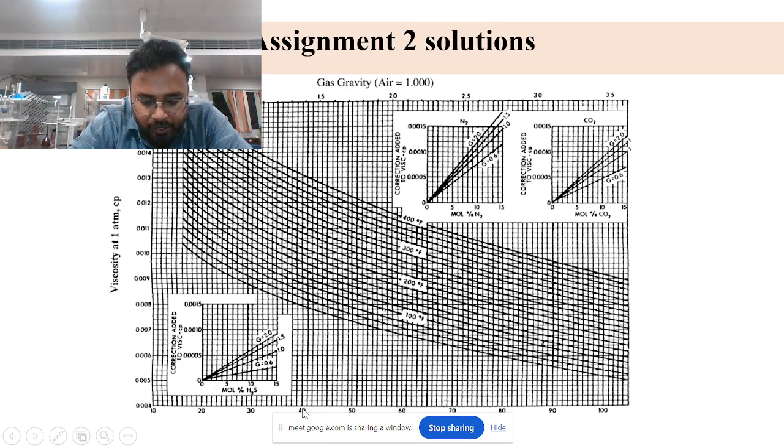The molecular weight is 40. So you first go to 40 on the x-axis, then go straight up to the temperature of 240. This one is for 200.